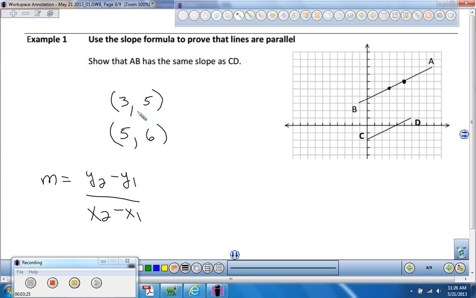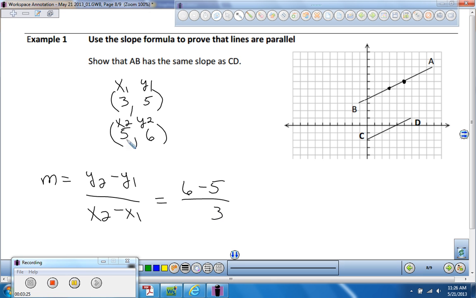It really doesn't matter which one you call x1, y1, as long as the same x and the same y go together. So I'm going to go x1, y1, x2, y2. It's going to be 6 minus 5 over 3 minus... well, the 3 has to go in the same spot as the 5.